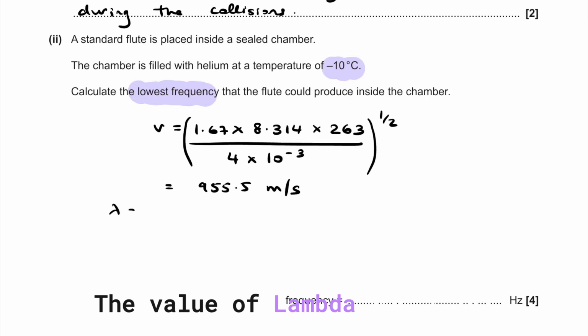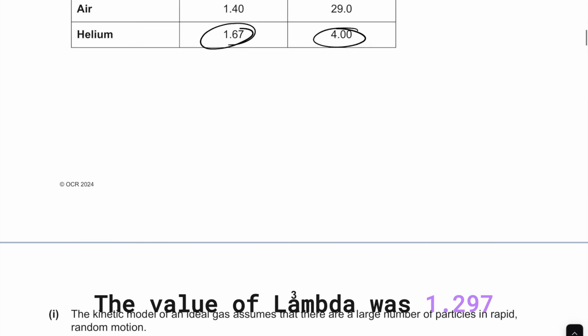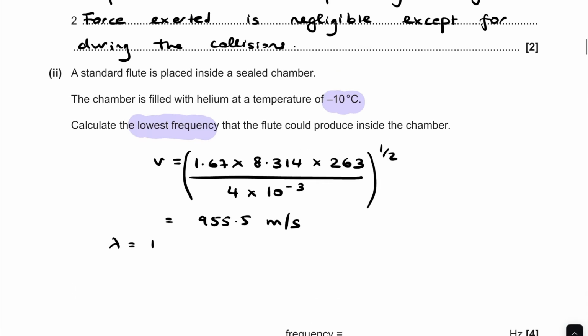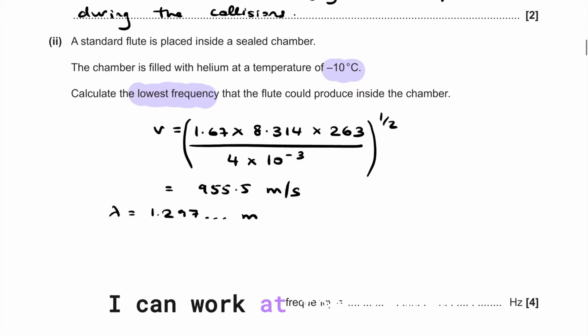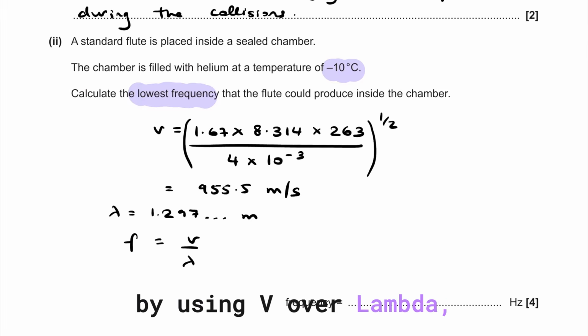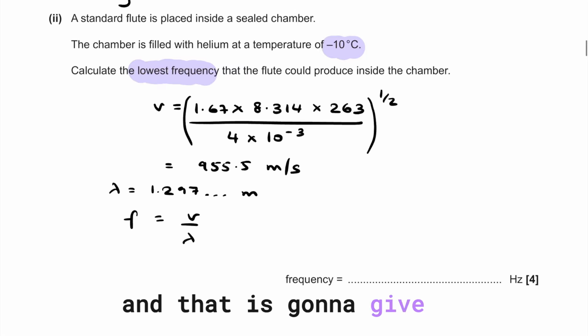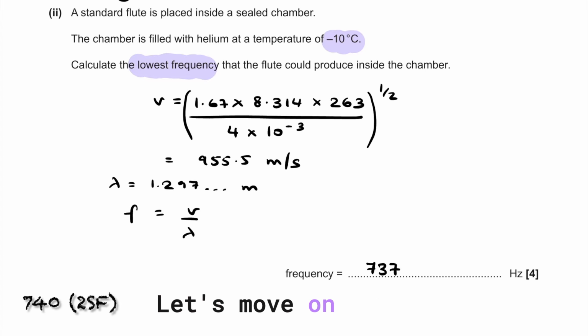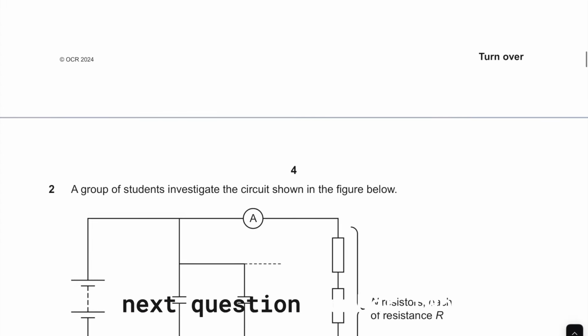The value of lambda was 1.297. I can work out the frequency by using v over lambda, and that is going to give me an answer of 737 hertz. Let's move on to the next question.